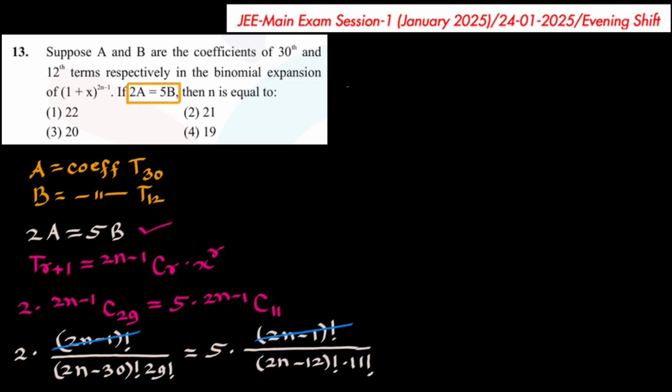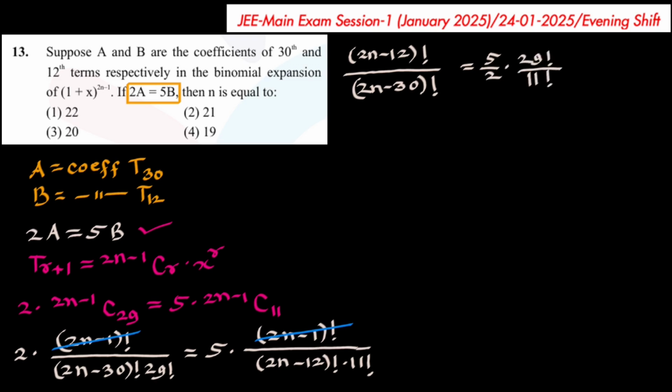This we write as 2n minus 12 factorial upon 2n minus 30 factorial equals 5 upon 2 into 29 factorial upon 11 factorial.